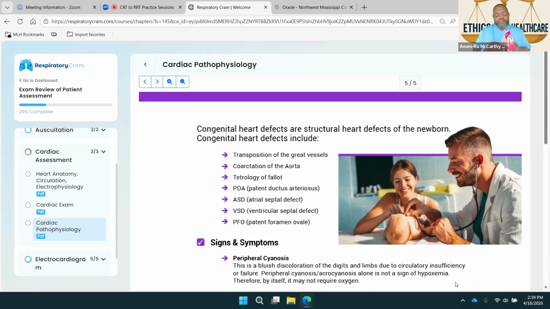So when blood is in the right ventricle, it goes to the aorta instead of the pulmonary artery. In a normal patient, if blood is in the right ventricle, it's supposed to go to the pulmonary artery, to go to the lungs. But the baby who has transposition of the great vessels, the blood that is in the right ventricle goes to the aorta.